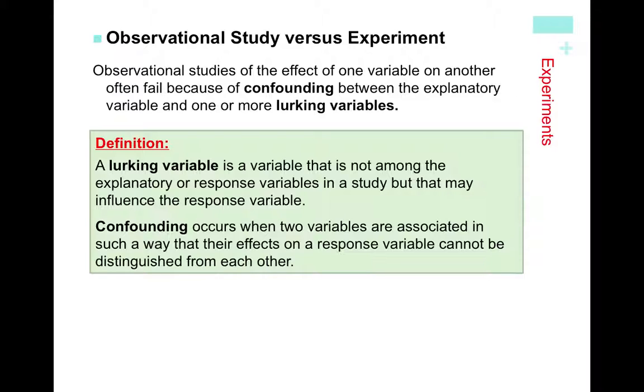So observational studies of the effect of an explanatory variable on a response variable often fail because of the confounding between an explanatory variable and one or more other variables. Well-designed experiments should take steps to try to prevent confounding.